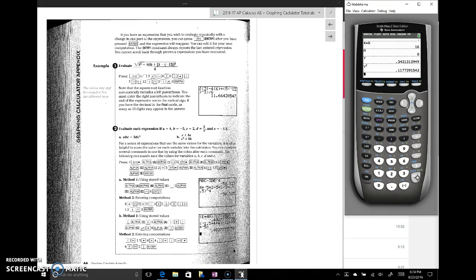Anyway, so we can really quickly do this example. We're going to store some of these variables. So we're going to store A, and then we're going to store into B, -5.